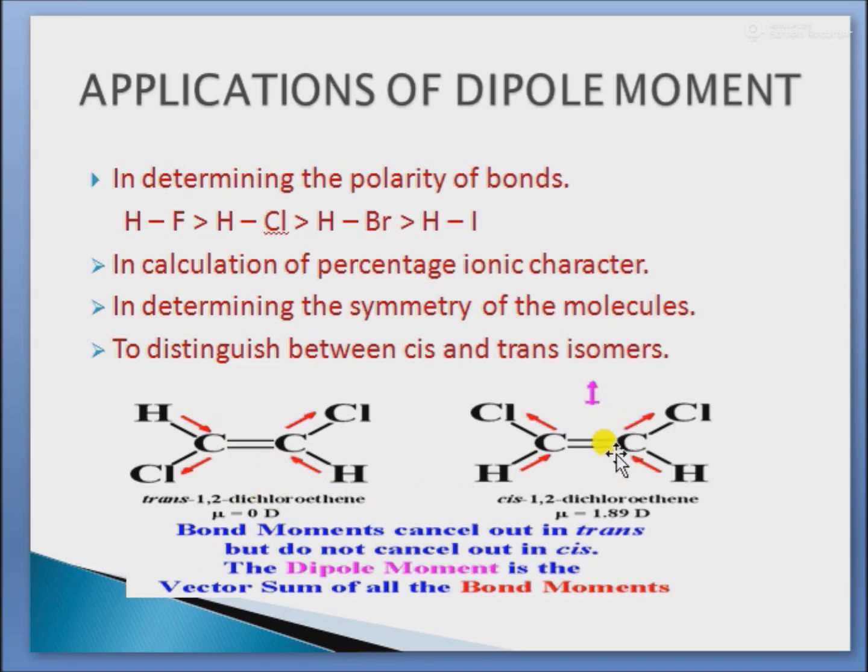But in case of cis isomer, it has a net dipole moment because chlorine are on the same side, and the net dipole moment is addition of the dipole moment of the chlorine and hydrogen. That's why it has net dipole moment. And dipole moment is a vector quantity. It has both magnitude as well as direction.